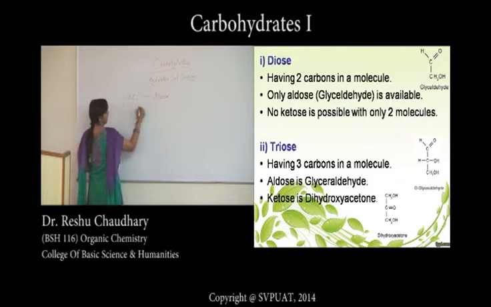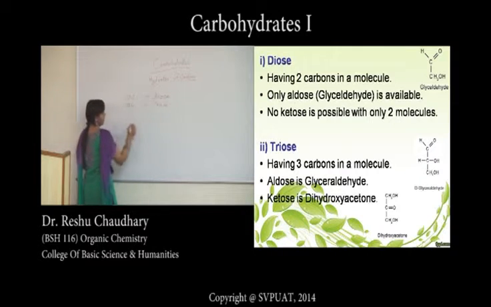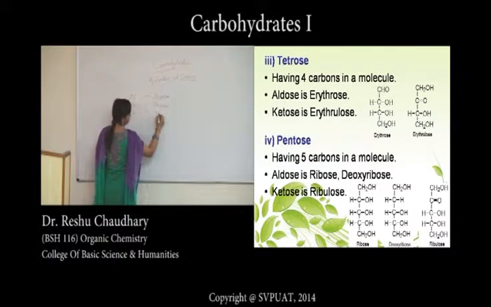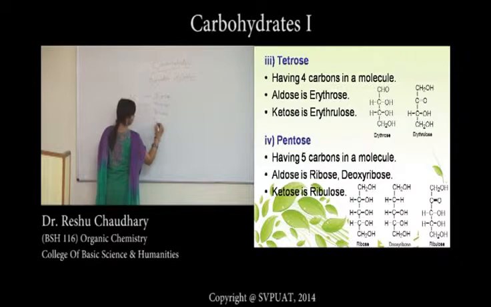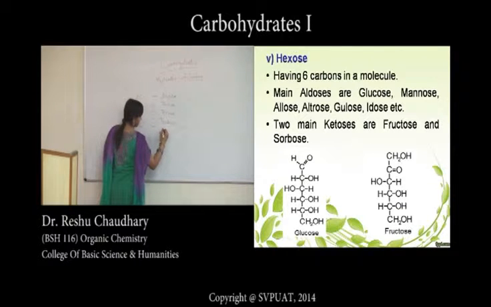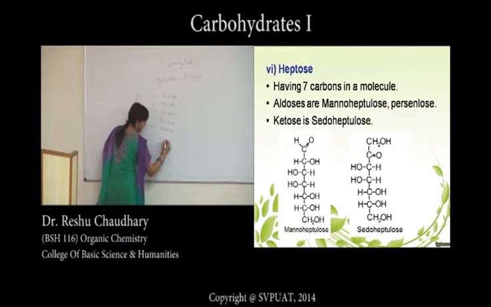If there are 3 carbons, triols. If 4 carbons are present, then tetrols. If 5 carbons, then pentols. If 6, then hexose. And if 7 carbons, then known as heptose.